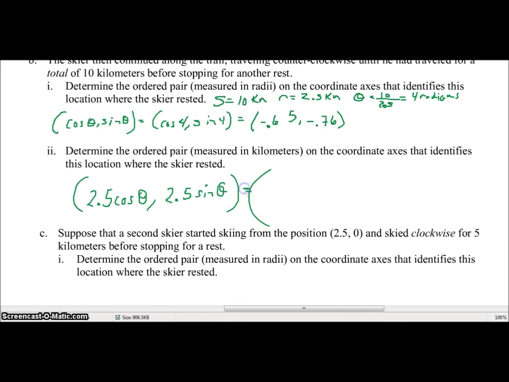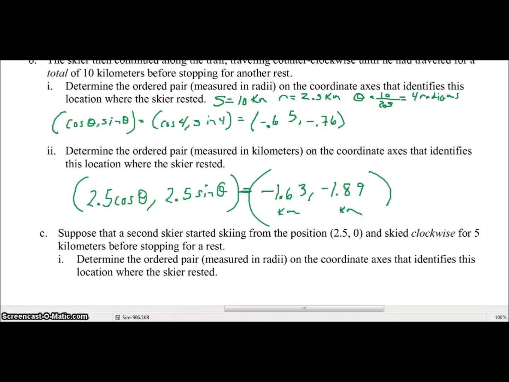That will give us our value in kilometers. 2.5 cosine of 4 is about negative 1.63, and 2.5 sine of 4 is about negative 1.89, and each of those are in kilometers.